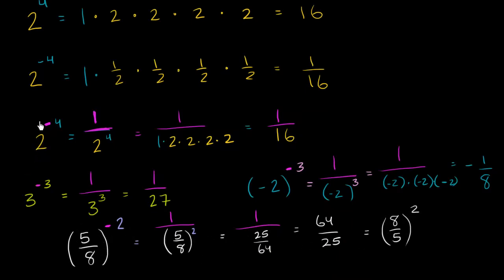And that would have applied even when you are dealing with non-fractions as your base. So 2 to the negative 4 is going to be the same thing as taking the reciprocal of 2, which is 1 over 2, and raising it to the positive 4 power.